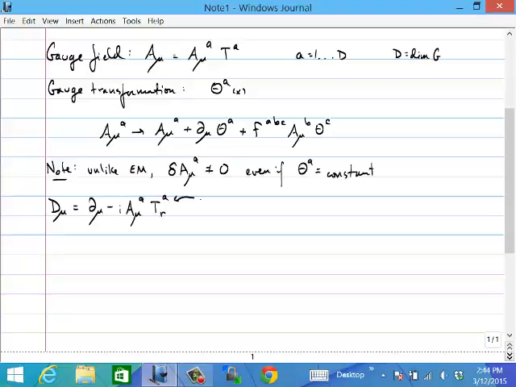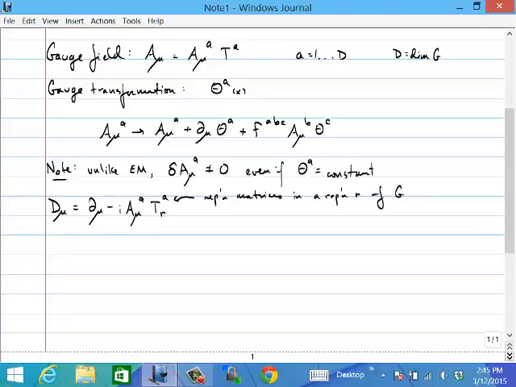So here R is, okay, it looks a little like I'm writing trace. I'm not writing trace here. It's T sub R. So the T sub R are the representation matrices in a representation R of the gauge group G. So, for example, in the fundamental representation, these T^A are n by n matrices.